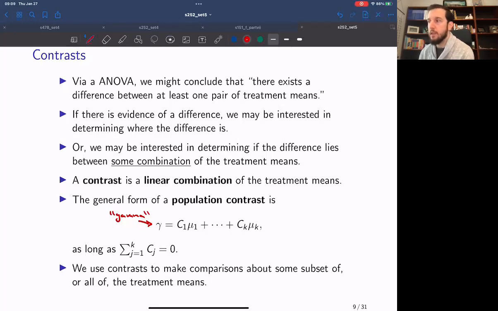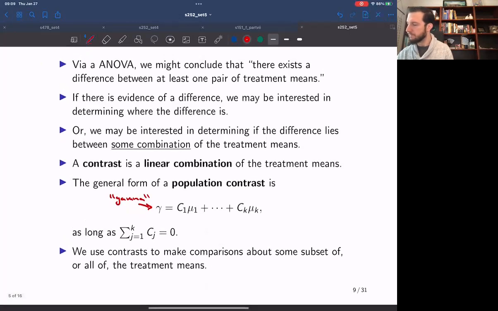You could technically use that expression, but that doesn't fit within the definition of the contrast that we are studying. So all of the coefficients have to add to 0, and all of the means have to be untransformed, essentially. Any questions?